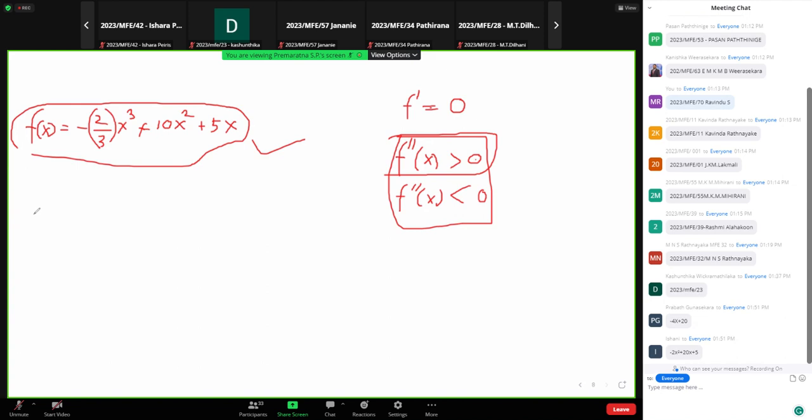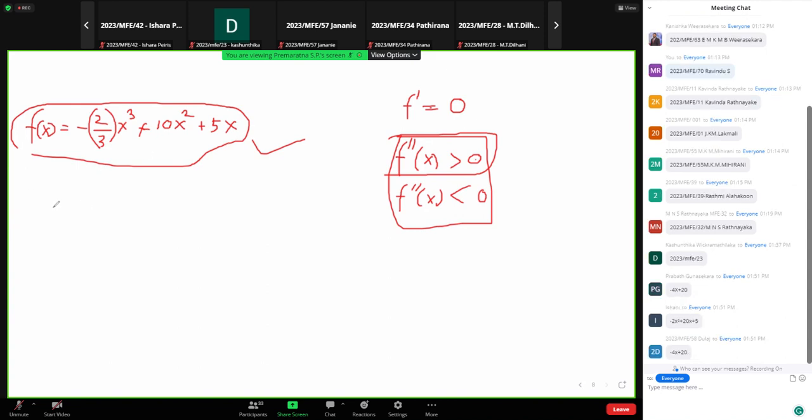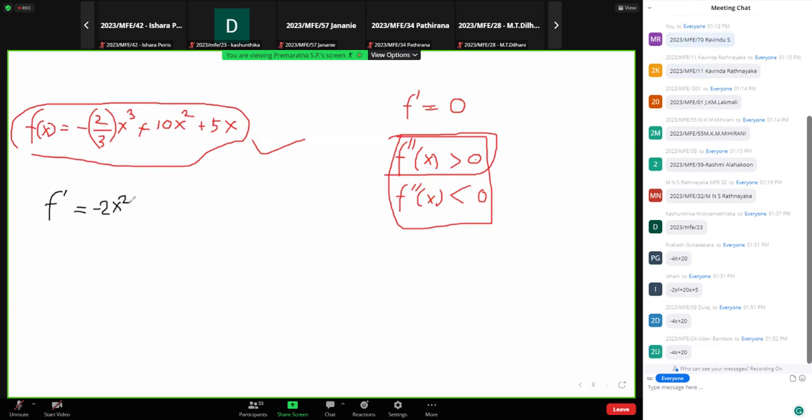Now first, we differentiate this one. When you differentiate, first order differentiation, the answer becomes minus 2x squared plus 20x plus 5.